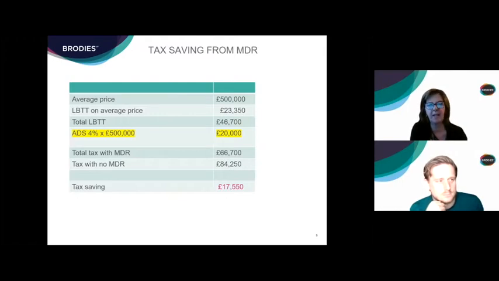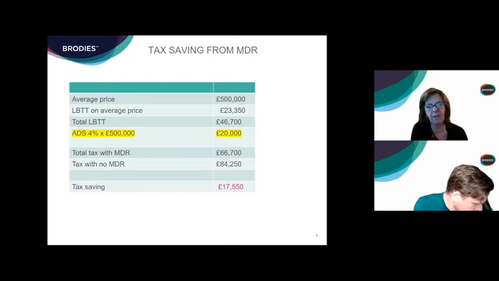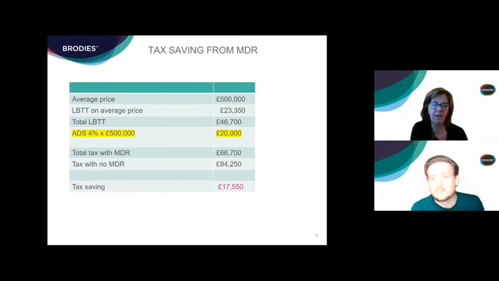And then ADS, when you're doing a multiple dwellings relief claim, is payable on the average price. But even so, there's a saving of 17,550 as compared with the amount of tax with no MDR claim.